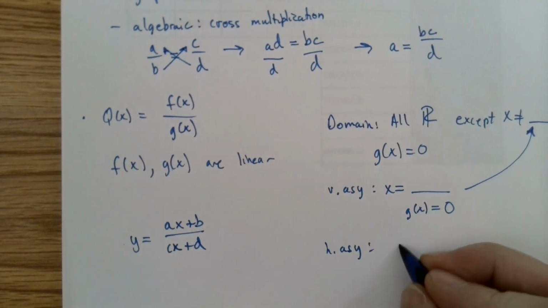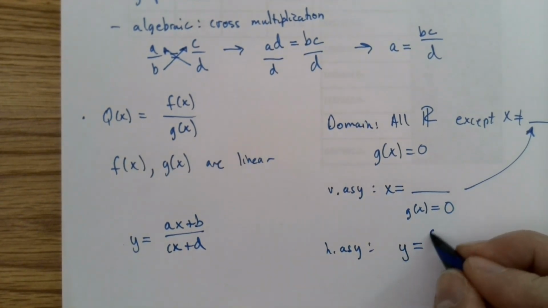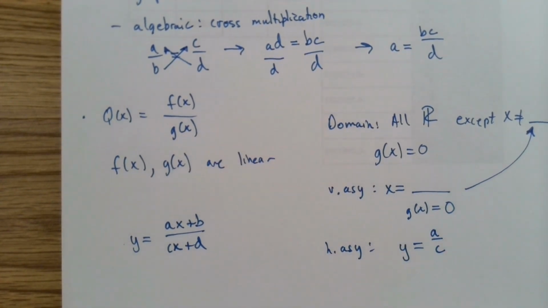So the horizontal asymptote ended up being always this a divided by c. So you just took the coefficients of the x values and divided them, and you ended up with the horizontal asymptote. There are, of course, far more complicated versions of these rational functions, but for this course we're sticking to these more basic looks at things.